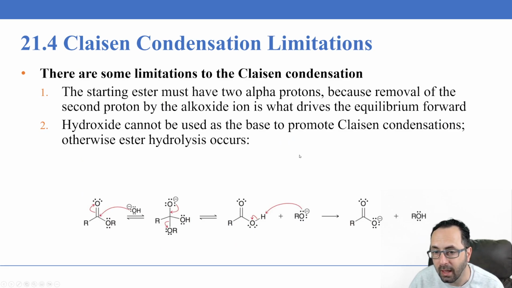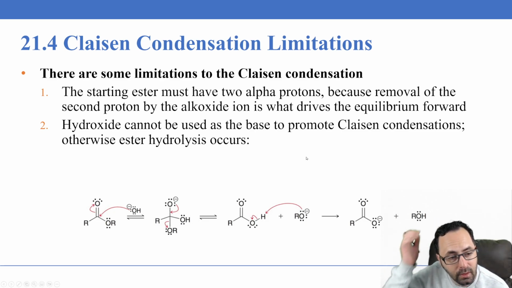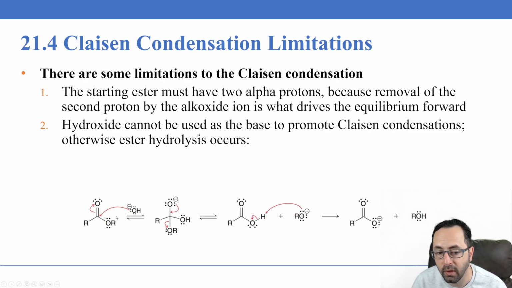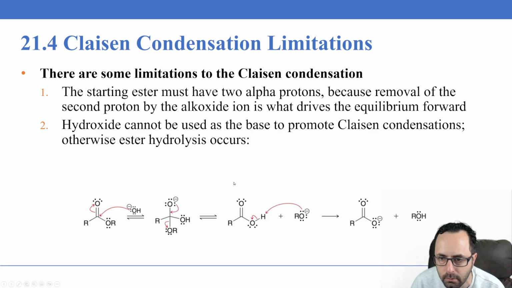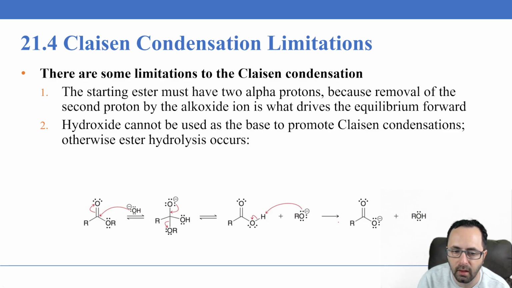Also, hydroxide can't be used as the base. We need to use the alkoxide ion that is analogous to the alkoxy group on the ester. So notice again, when we say OR here, this OR is going to be the same as this OR. The reason we can't use hydroxide is just as you see here.